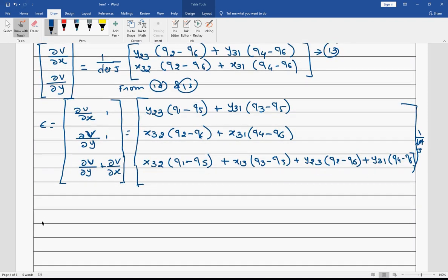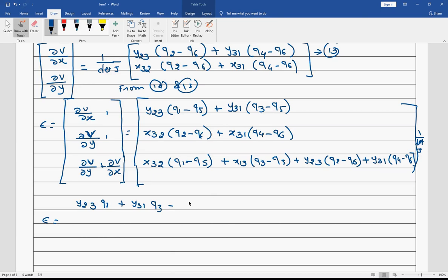So I just write epsilon is equal to, okay, y23 q1 plus y31 q3, okay, minus, or I can say plus also, it doesn't make any difference.